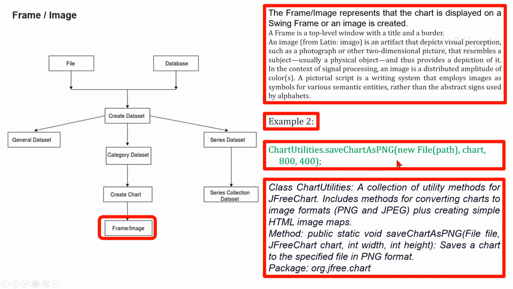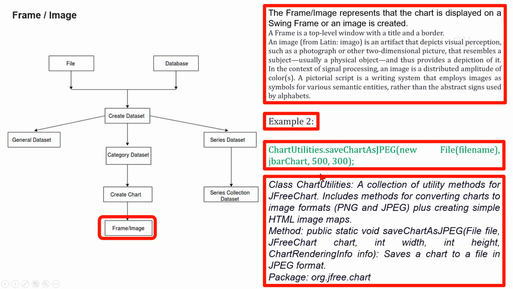Here you can see the file null not permitted, the chart null not permitted, width, image width and image height. Here the public static void save chart as JPEG file and JFreeChart chart, int width and int height.